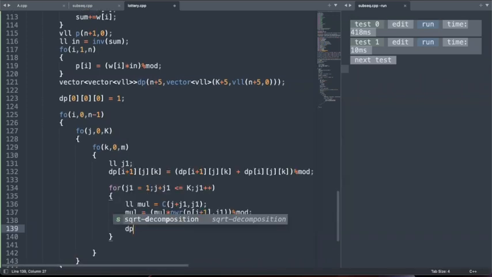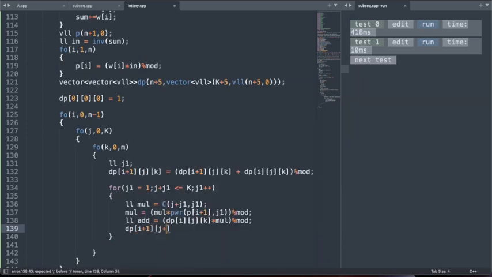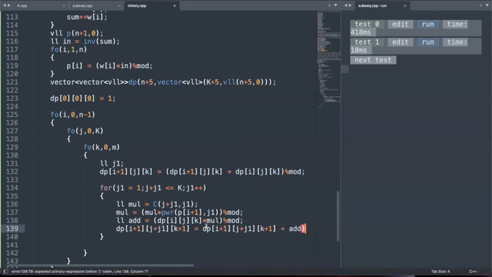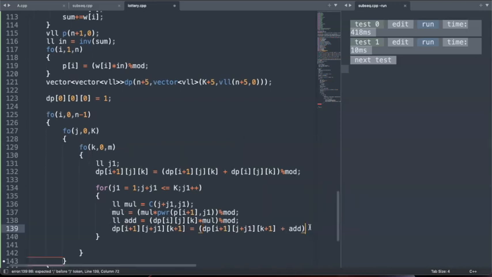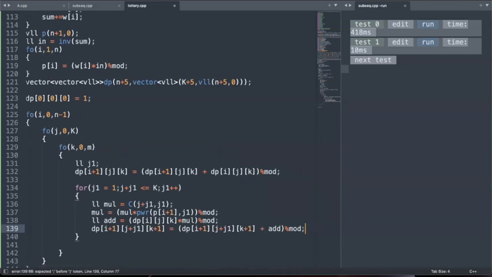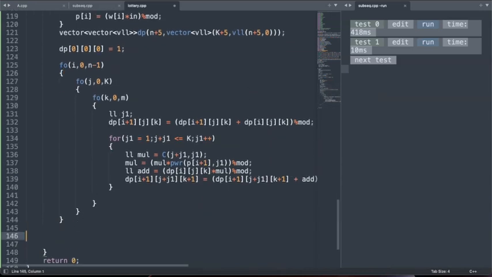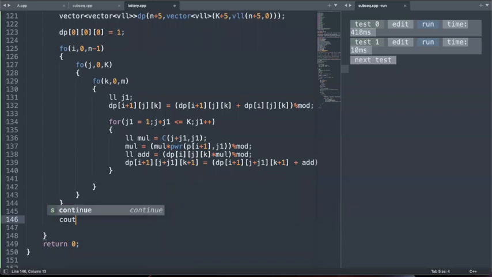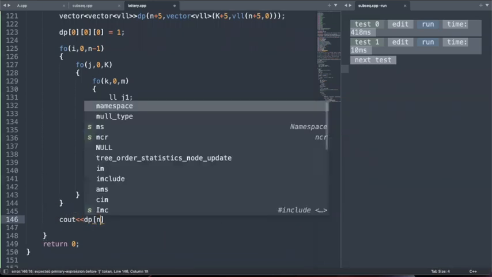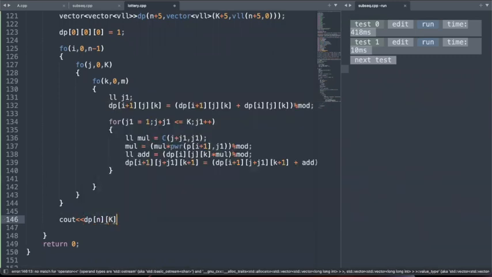And finally, what I have to do is dp[i+1][j+j1][k+1] is equal to itself plus add, mod. So this basically completes all the transitions, hopefully. I'm sure I would have missed something and it's not going to work on the first try, but we'll try to debug it. And the final answer is going to be dp[n][K][M].